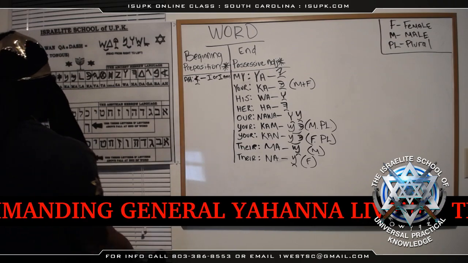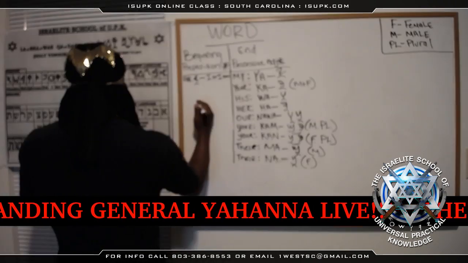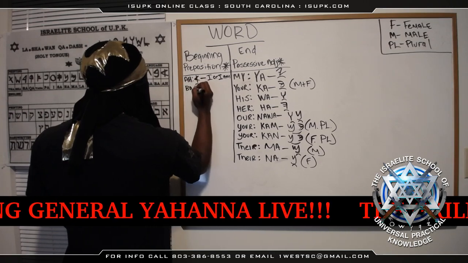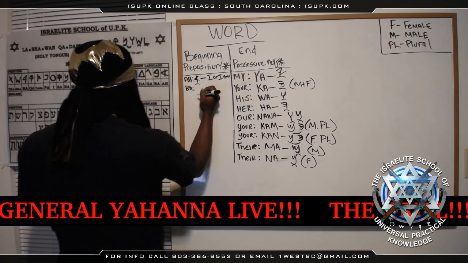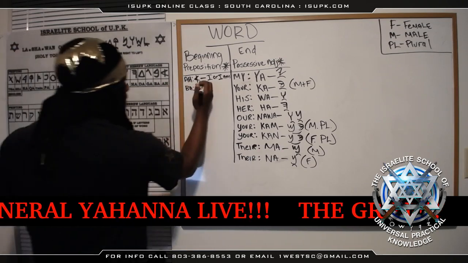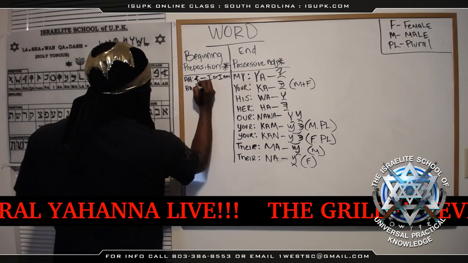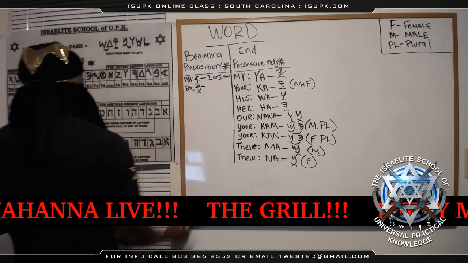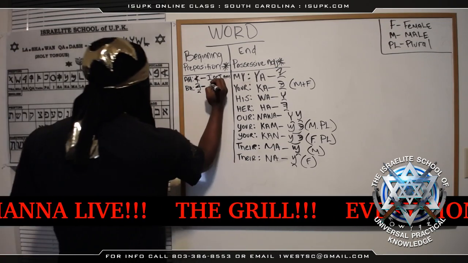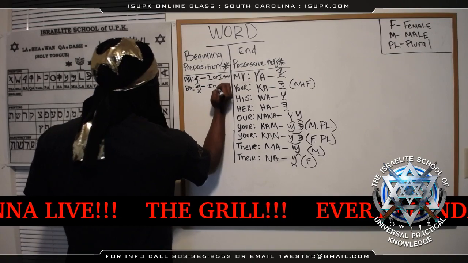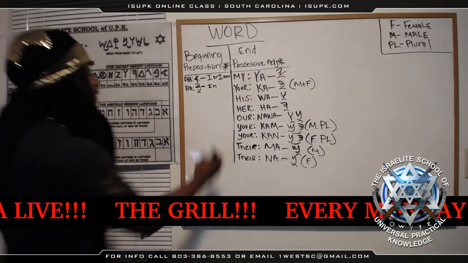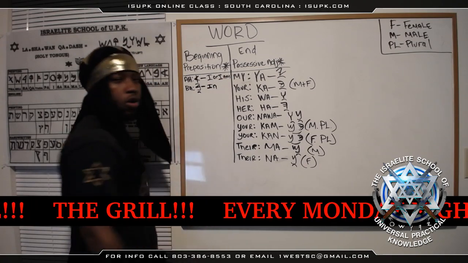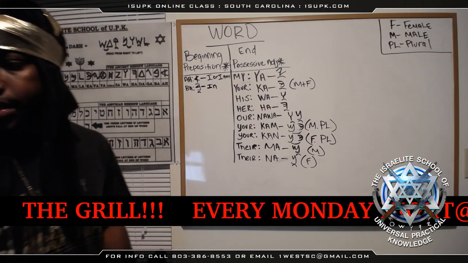Then we have ba, right? Ba is here. Ba means what? In. It means in. Let me know if I'm writing these words too small and you can't see them.